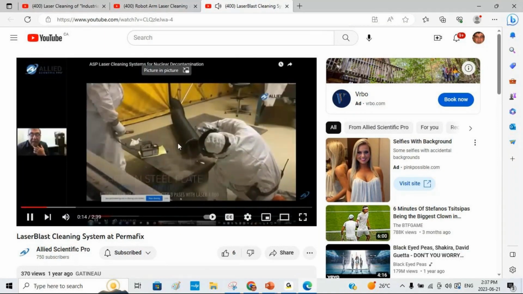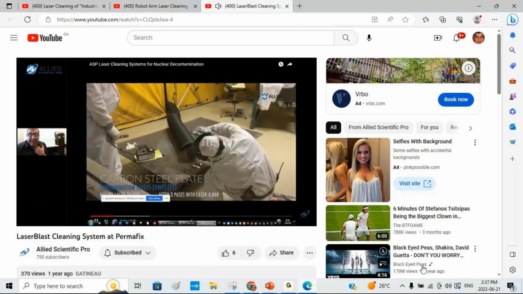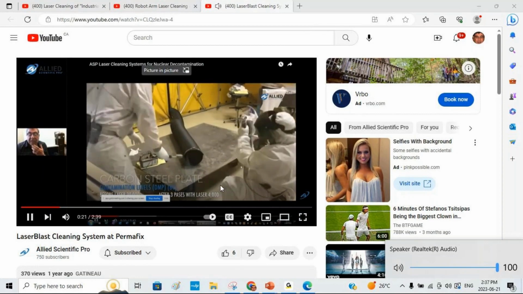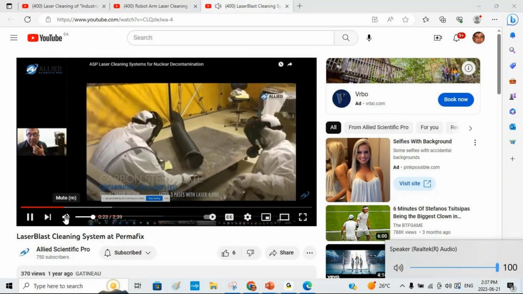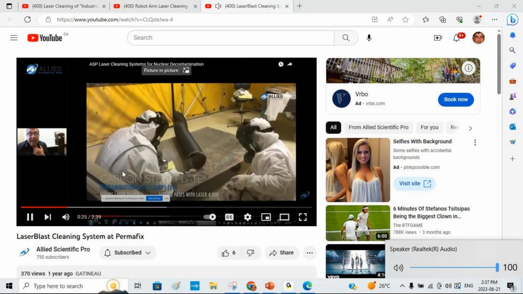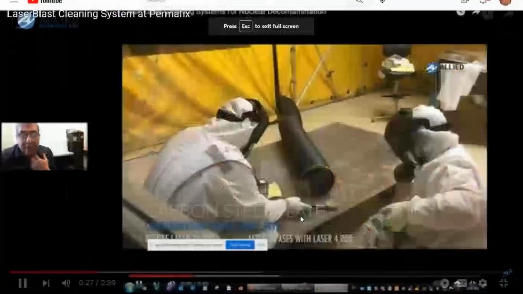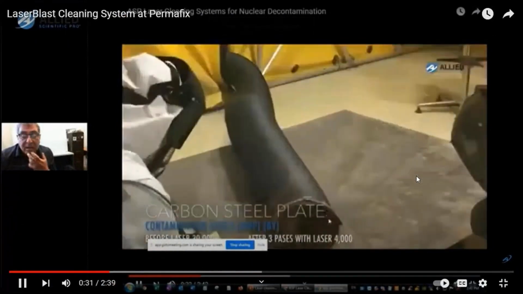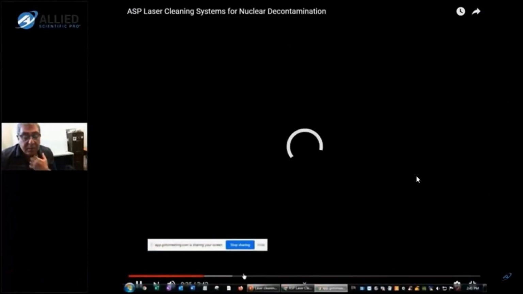So here the metal is being cleaned, the metal plate. The engineer technician is cleaning it with our laser cleaner 100-watt system, and the radiation technician is measuring the disintegration per minute.